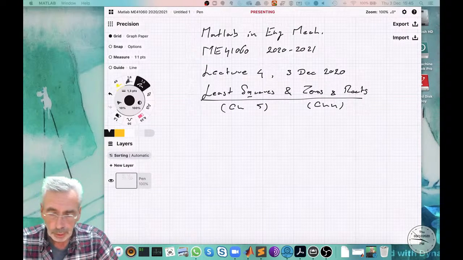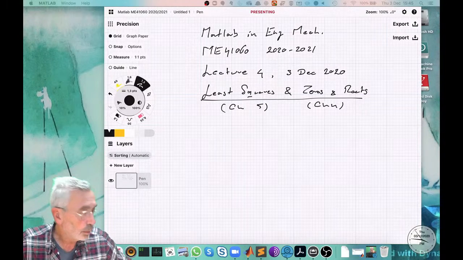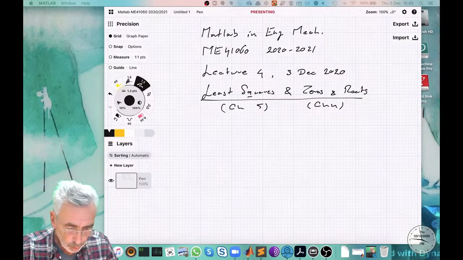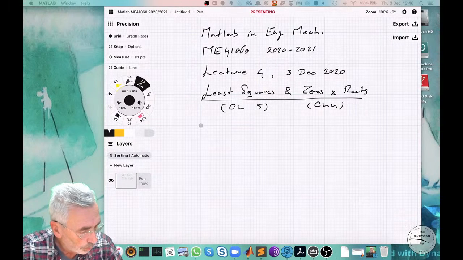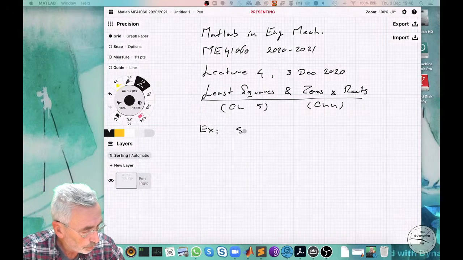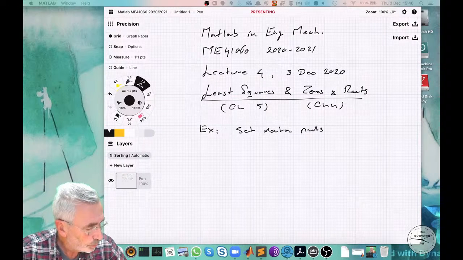Okay, fourth lecture. So, let's start with an example of least squares. The example goes like this. Suppose we have a set of data points, and they come from measurements or whatever.